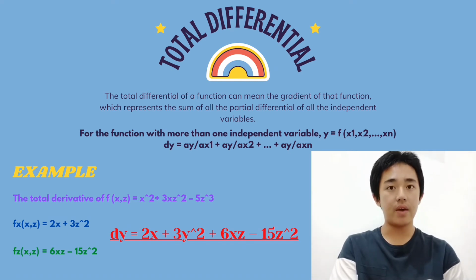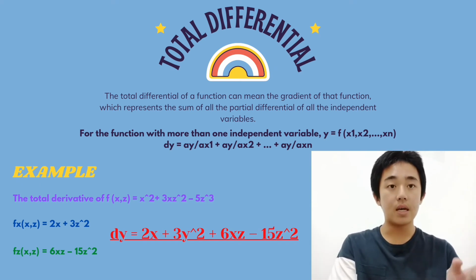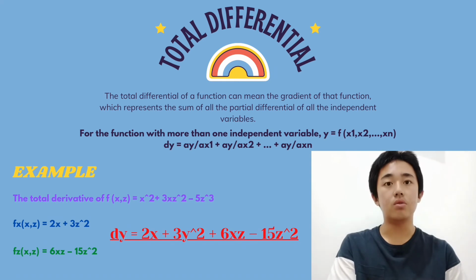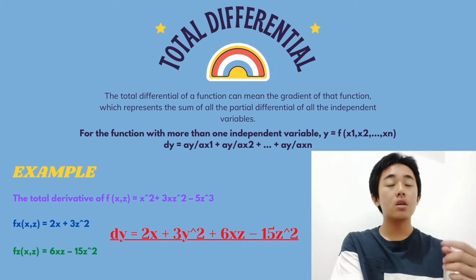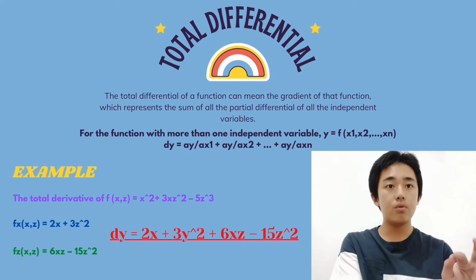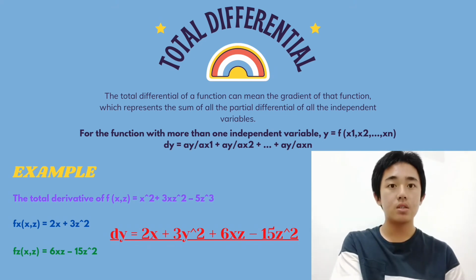So the first one is f_x(x, z) equals 2x, because we bring down the power, so it's 2 times x, and 2 minus 1 is 1, so we don't write it down, so 2x plus 3z squared, because we look at 3x and bring down the power, so 1 times 3 leaves us with 3, because the x has no power anymore, so it's gone, so it's just left with 3z squared.